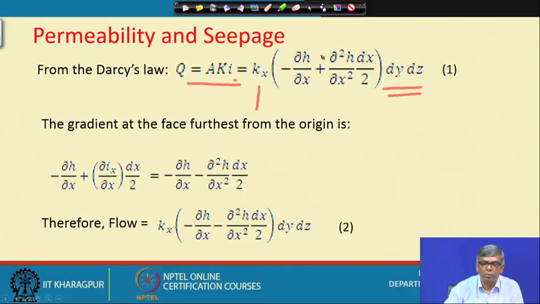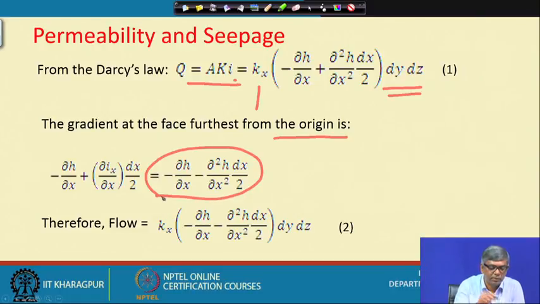So we have got this flow. Similarly, the gradient at the face farthest from the origin can be obtained as minus del h by del x plus this, and therefore the flow will have a similar expression.